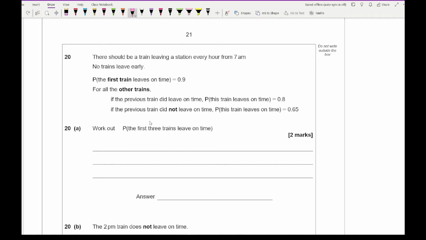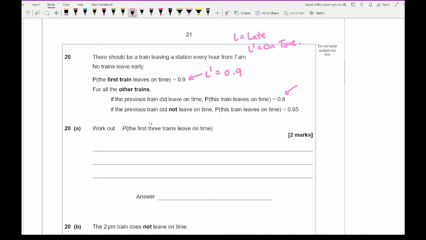So if we say that L represents late and not L means on time. So this first statement, when we've got not late, is 0.9, and that's the first train.